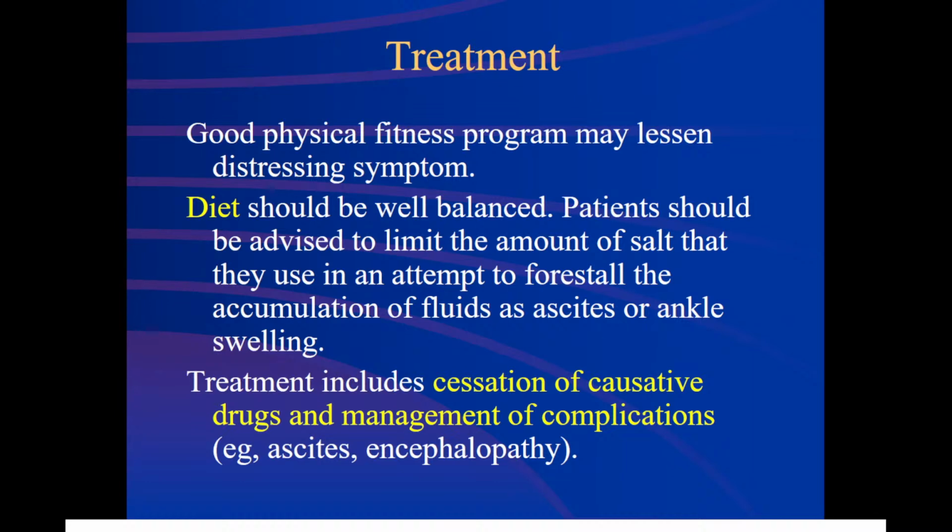Also, if you know what leads to liver damage, you have to advise the patient to stop using these etiologic factors. For example, cessation of causative drugs, and management of complications is also important, such as treatment of ascites. But cessation of causative drugs, alcohol cessation, and decreasing calories in the diet in different situations may be very helpful.